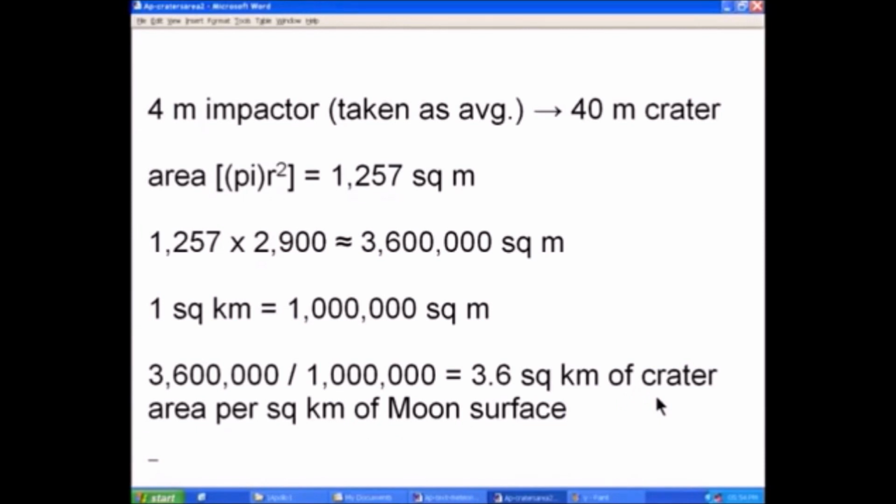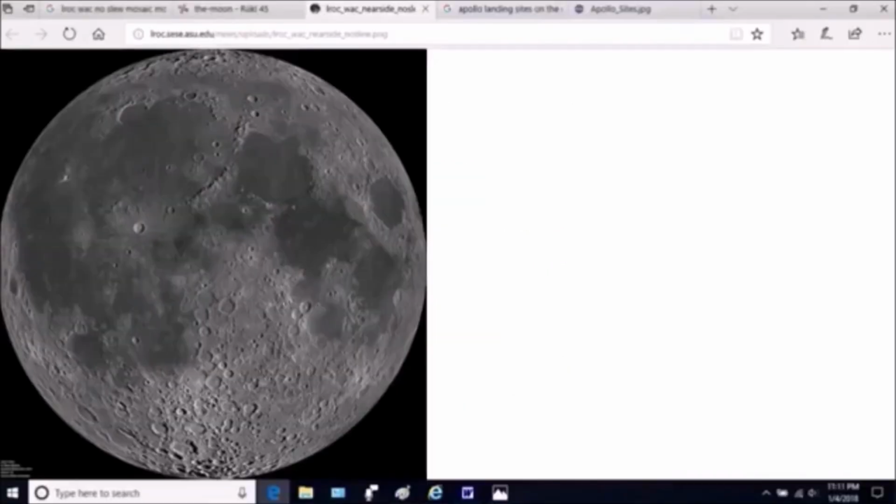In other words, the moon is covered many times over by craters, by not only the meteor shower craters that we saw earlier, which would be mostly small craters, but these larger craters as well. The moon is literally covered by craters. Many times over, as a matter of fact.